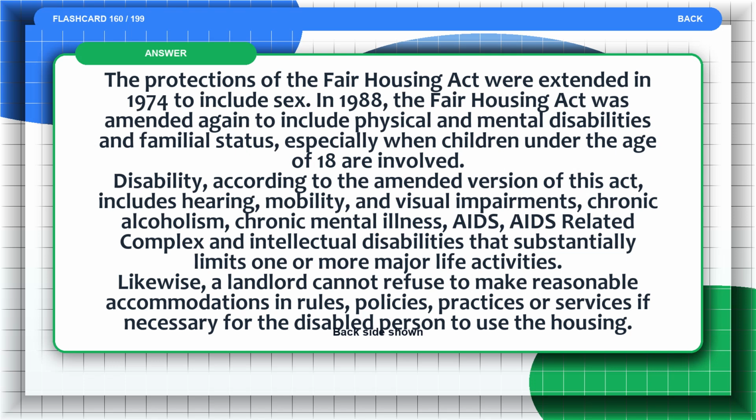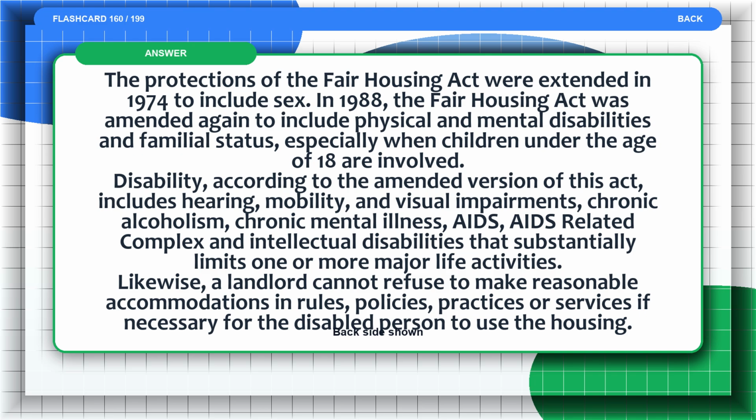The answer is, the protections of the Fair Housing Act were extended in 1974 to include sex. In 1988, the Fair Housing Act was amended again to include physical and mental disabilities and familial status, especially when children under the age of 18 are involved.